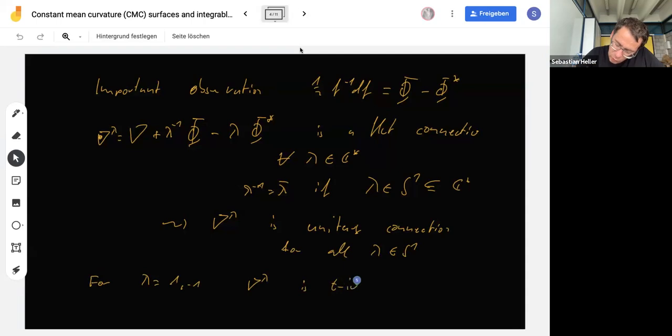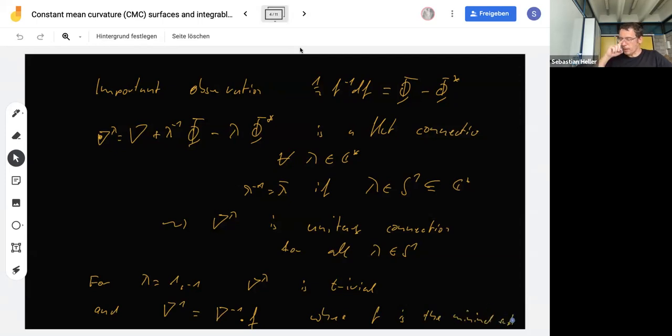So we have globally parallel frames, and somehow computing the gauge between these flat frames gives us back the immersion. So we get nabla 1 is the gauge transformation of nabla at lambda is minus 1 by the immersion F, where F is the minimal surface.